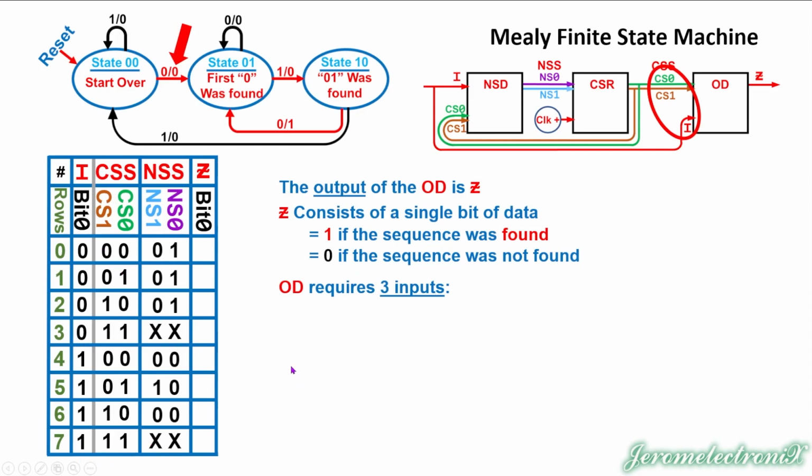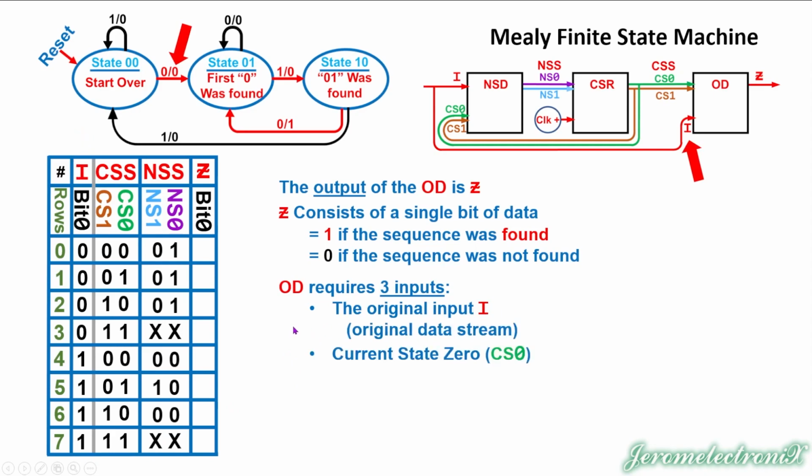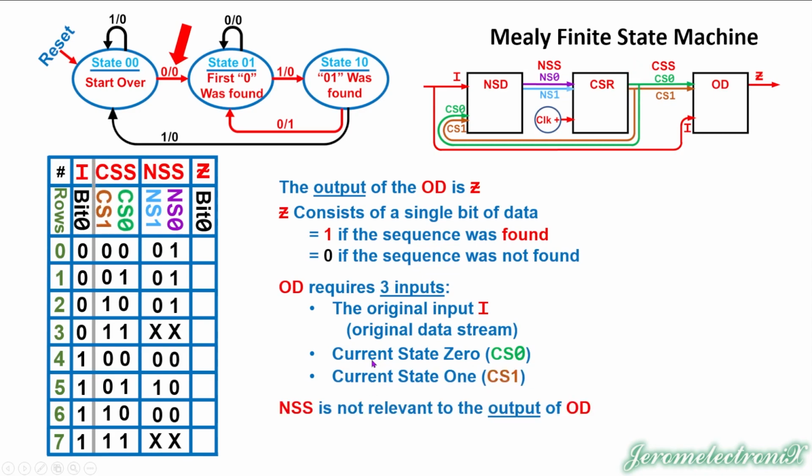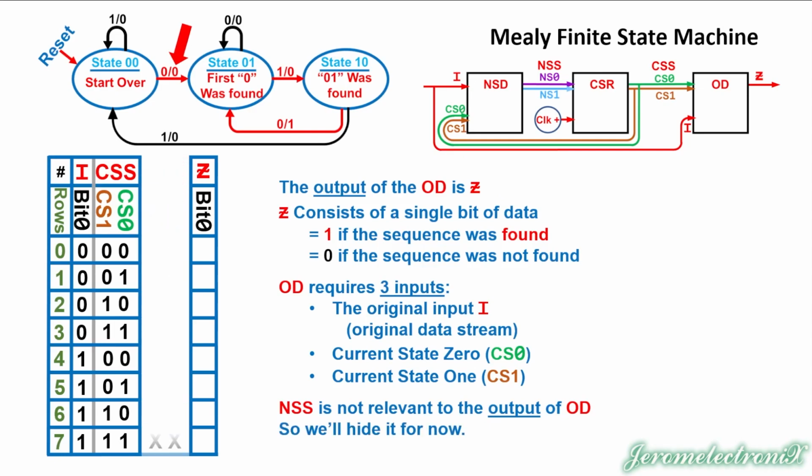We'll need input I, we're going to need current state 0, CS0, and we're going to need CS1. And NSS, this column NSS, is an earlier output. We don't need that to calculate the output decoder, so we'll hide that for now.